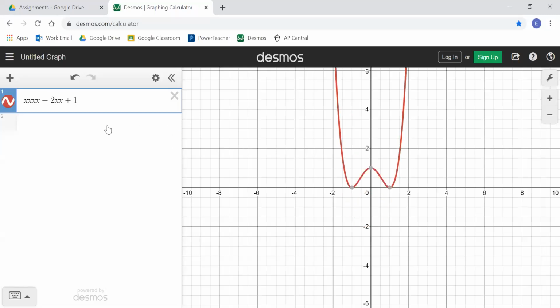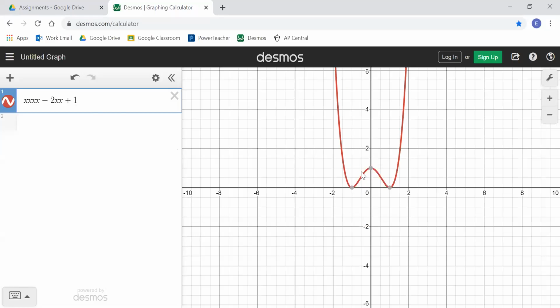All right, so x to the 4th minus 2x squared plus 1. And we should note that at x equals negative 1, it has a local minimum. We're going to talk more about that. And at x equals positive 1, it has the same, a minimum. And at x equals 0, it has a maximum, right?